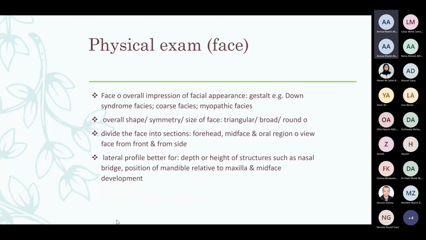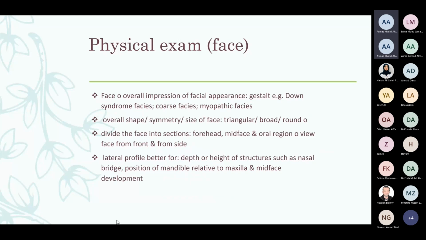You will see the whole face, the overall impression of facial appearance. Something like Down syndrome, you will figure it out from looking only at the patient. If there is coarse facies like in mucopolysaccharidosis, or myopathic facies, you could actually make it out from looking at the patient. You could see the shape of the face itself, not the skull. But here we're talking more of the face.